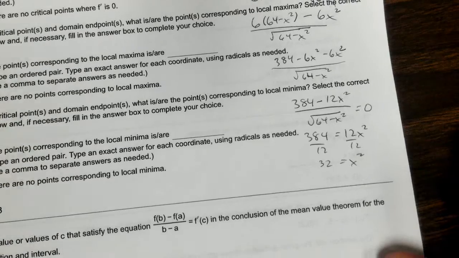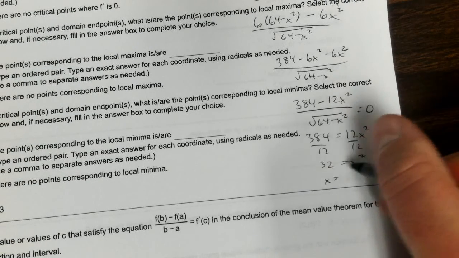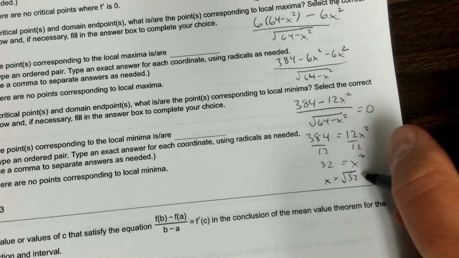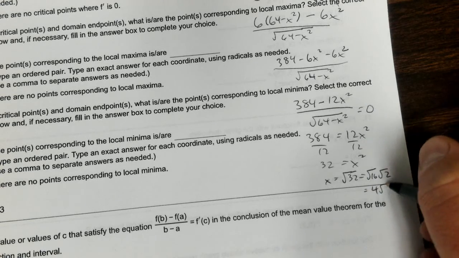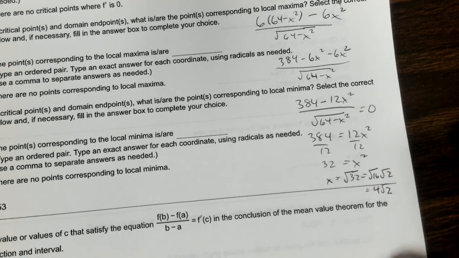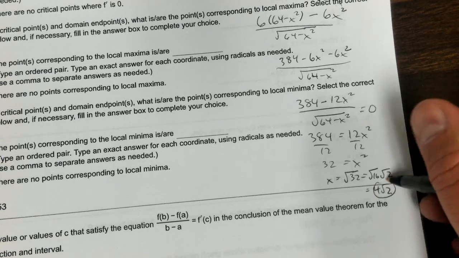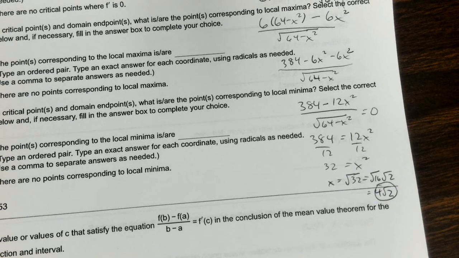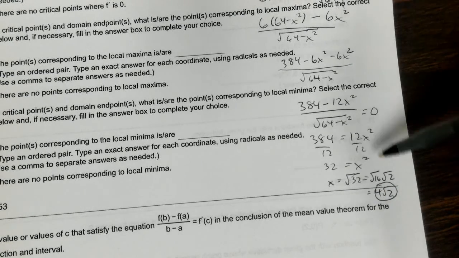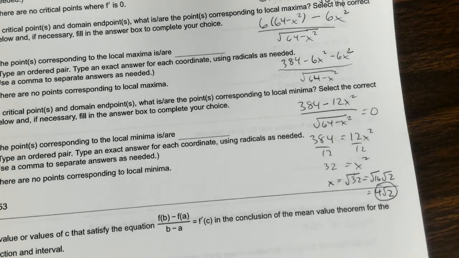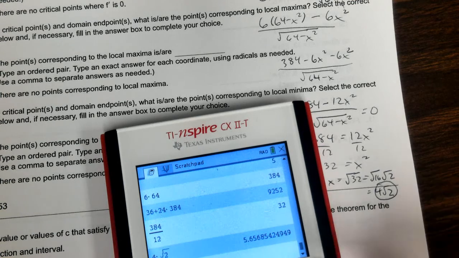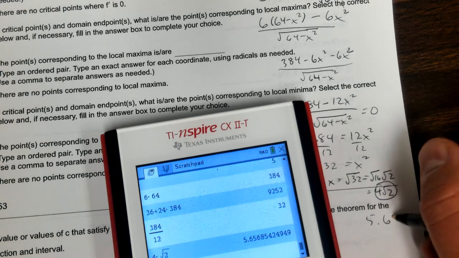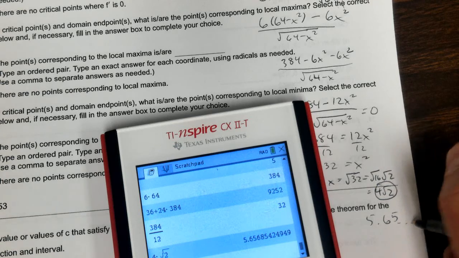Okay, so when we do this, your square root of 32 is really like the square root of 16 times square root of 2, so that would be 4 square root of 2, and that's going to be your exact answer. So if you want to save a lot of time, guess and check, and 4 square root of 2 would be the same as your 5.65, and so on.